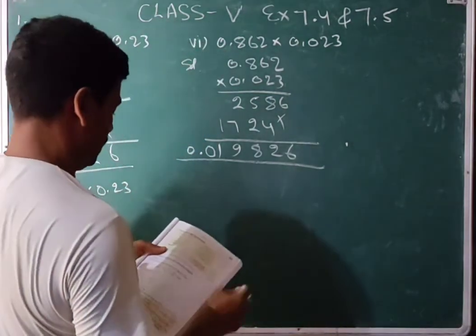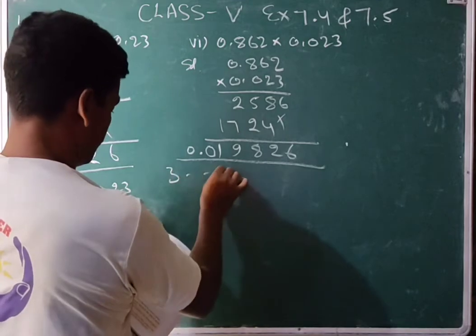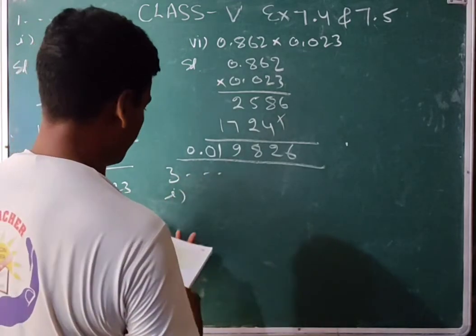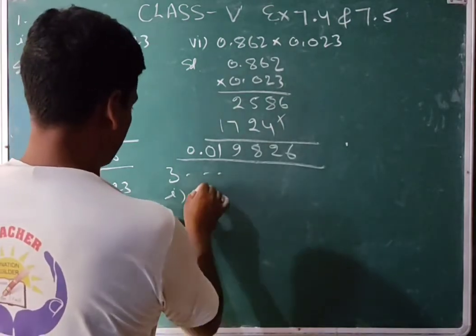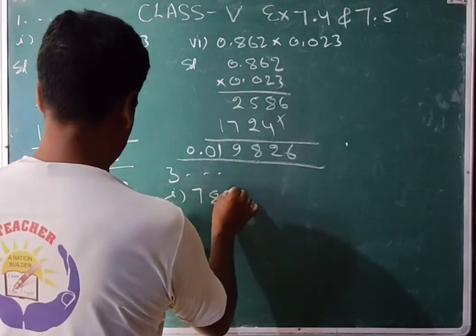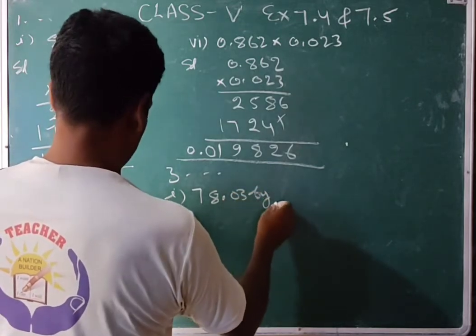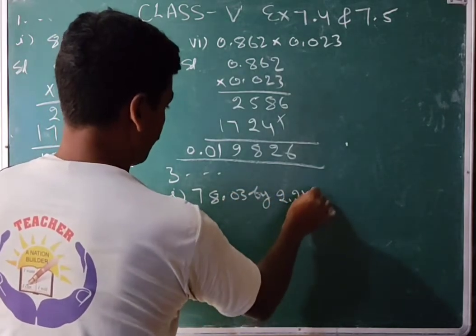And then the third question, multiply. This is also not a difficult type of question. 78.03 multiplied by 2.24.